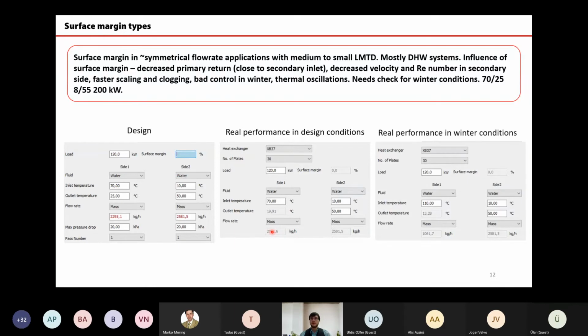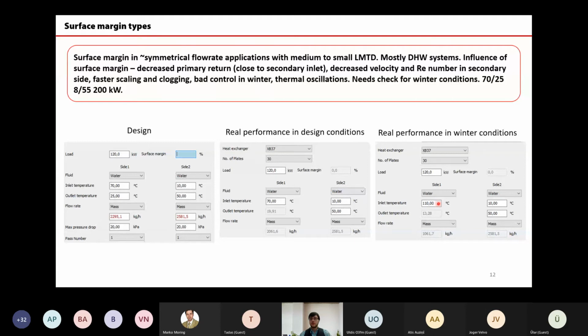But when I make a real checkup of performance in winter conditions, my secondary side temperatures are remaining the same, so 10 to 50. Yeah, my capacity remains the same. I have the same amount of users, but my inlet temperature from the district heating network actually increased a lot, from 70 to 110.